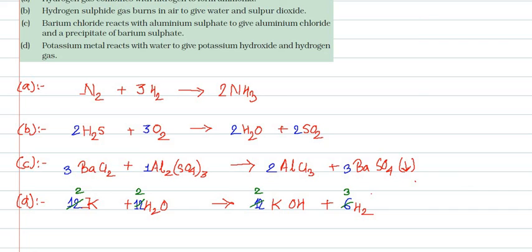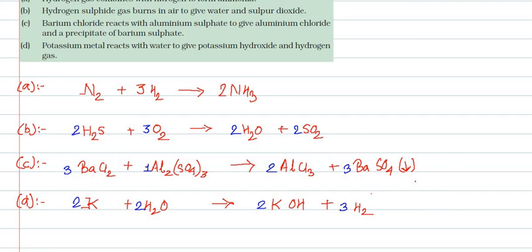So this expression D can be simplified to 2 potassium, 2 water molecules, 2 KOH and 3 H2. So this is the simplified expression.